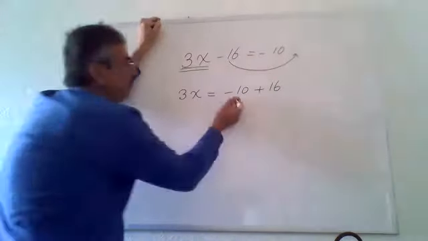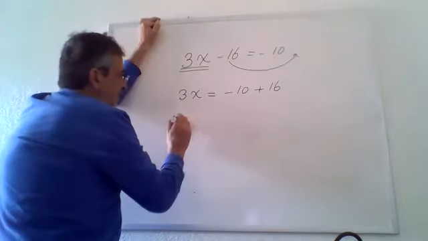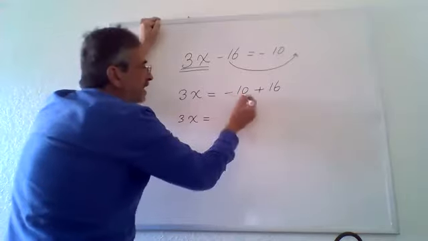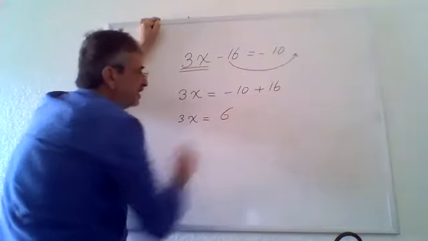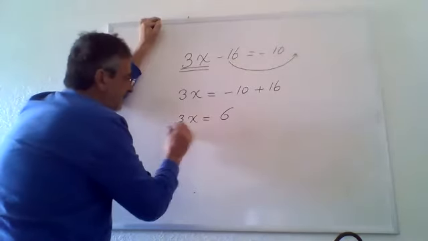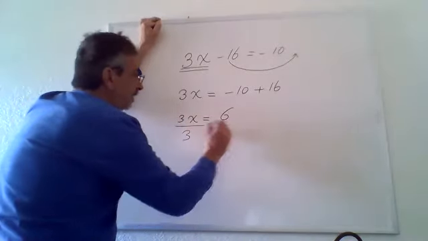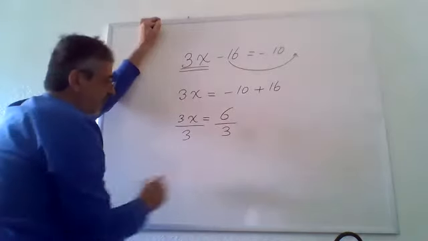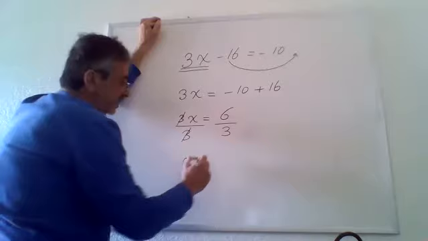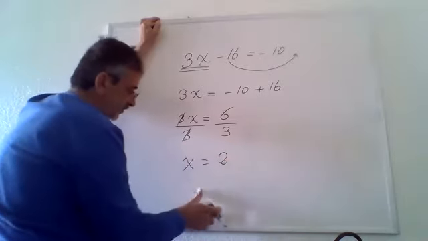Now I'm going to simplify: minus 10 plus 16 is 6. Then to figure out what x is, we divide by 3. The 3 and 3 cancel, which leaves me with x equals 2.